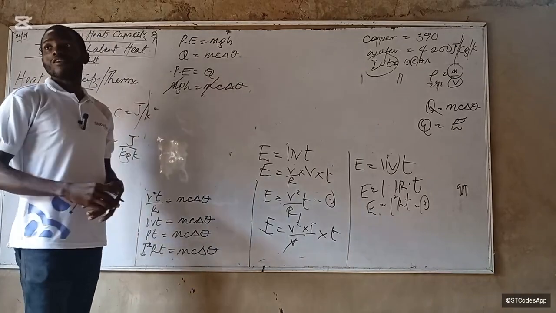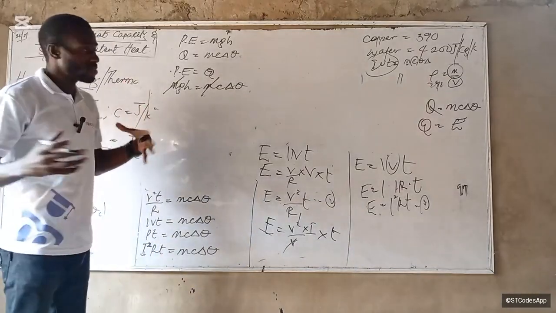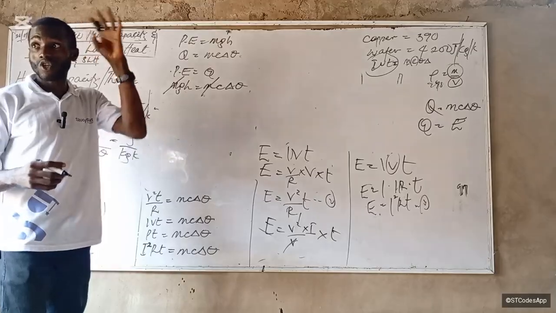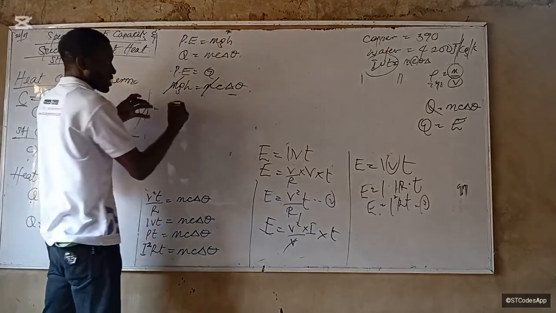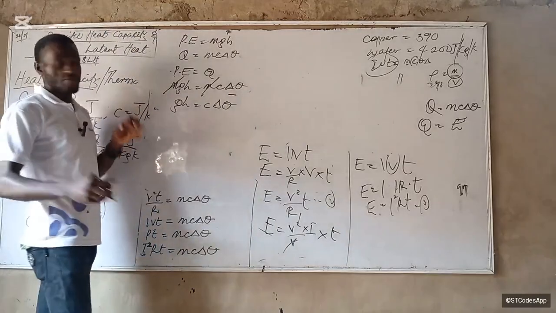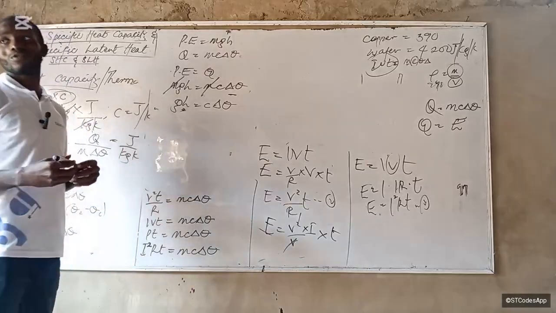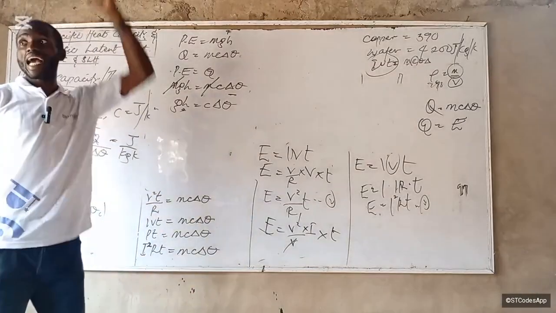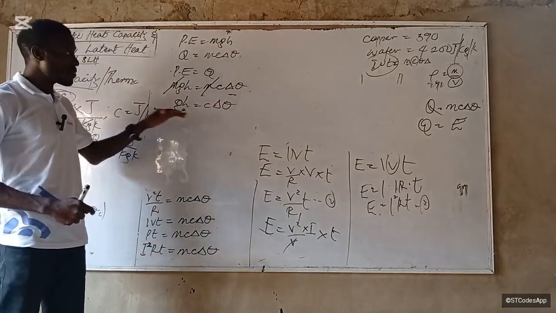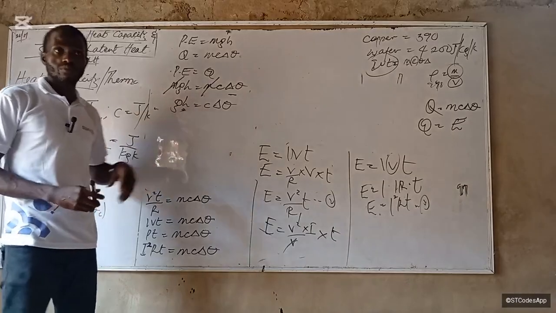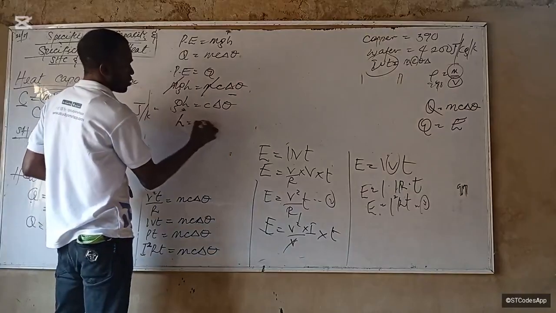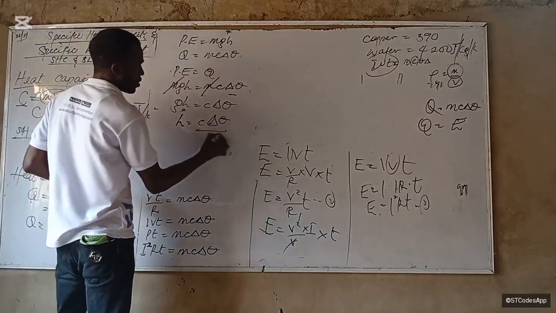So the only factor that affects the change in temperature for a body like that is the height over which it falls. If it falls from a higher height, it will have a higher temperature; a lower height, a lower temperature. This formula also holds true because we know that g is constant. So h is equal to c delta theta over g.